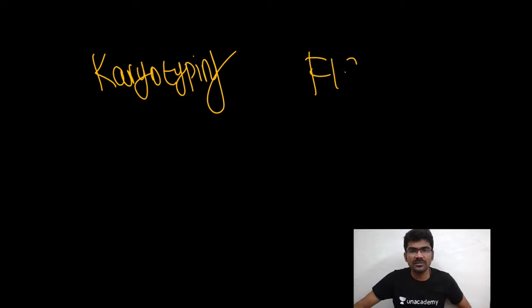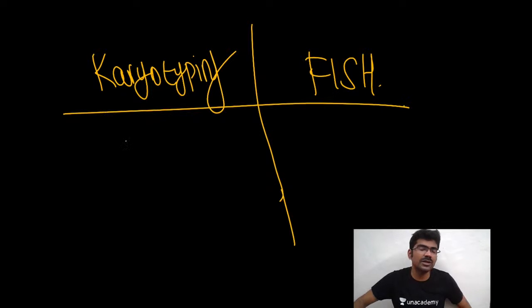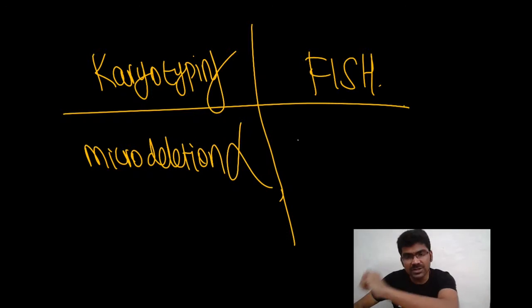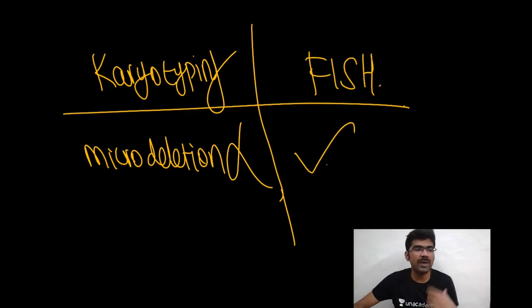Karyotyping, FISH. In karyotyping you won't be able to find out microdeletion. You cannot find microdeletion, but in FISH you will be able to find microdeletion. That means the resolution of FISH is better.